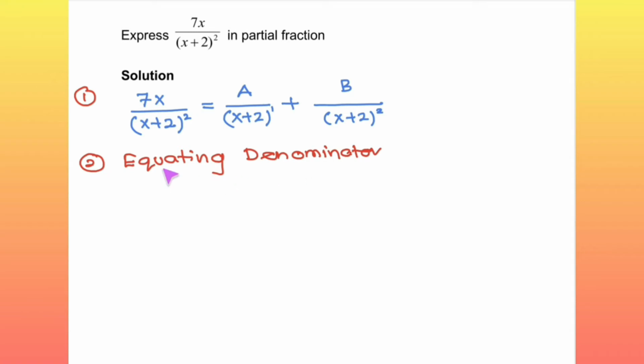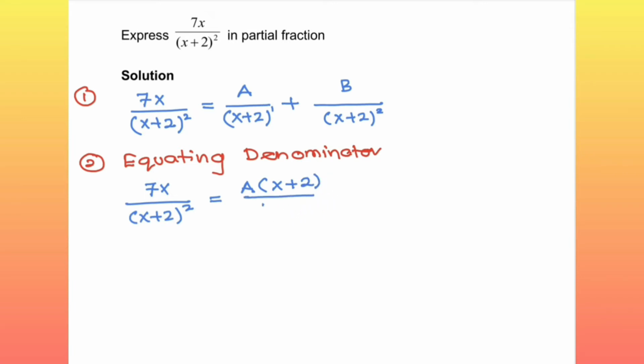To equate the denominators, we have here 7x over x plus 2, power 2. So we already have power 1 for A. To make it power 2, A must be multiplied by the other x plus 2, power 1.